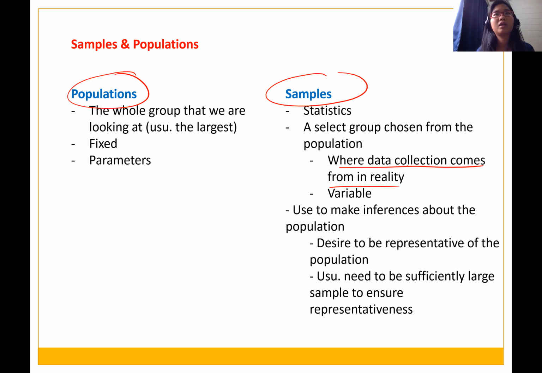There's no way that they can get data from every single person you want to target. So say if you want to target the world population, there's no way that they can get the data for all of them. And usually, whether it's reliable or not is why we think about whether a sample is representative of the population, because if it's not, we cannot use it to draw inference about the population.